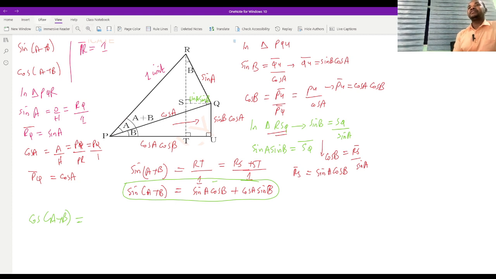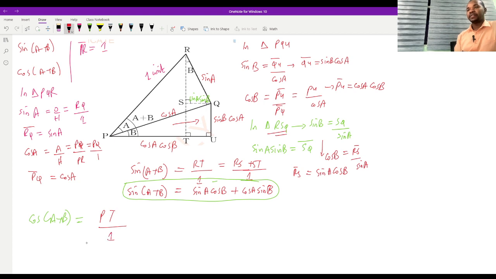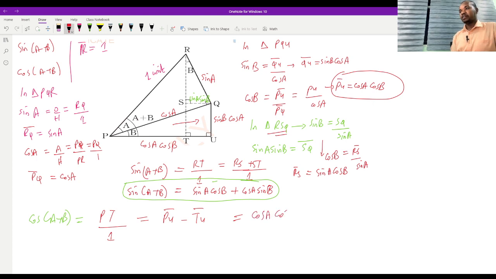Cosine A plus B, from the diagram, will be PT over hypotenuse side, which is actually 1, but PT is PU minus TU, and we have seen actually PU is cosine A cosine B. So you have cosine A cosine B minus TU, and TU you can see from the diagram is sine A sine B. So from this you can see the compound angle formula for cosine.